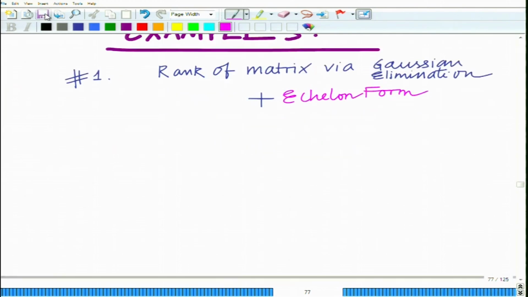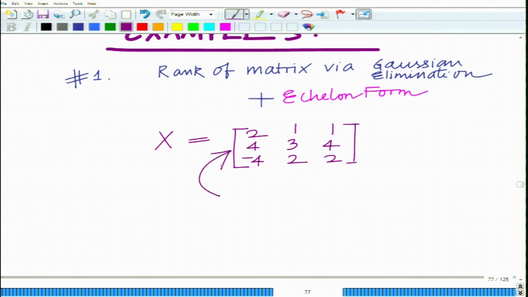So, let us say we have a 3 cross 3 matrix X: 2, 4, minus 4; 1, 3, 2; and 1, 4, 2. What we are going to do is perform row operations on this. The first thing we are going to do is perform Gaussian elimination.